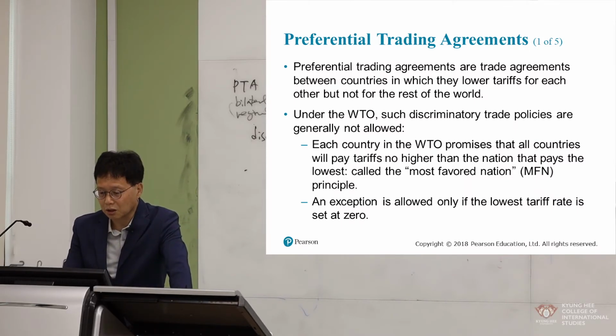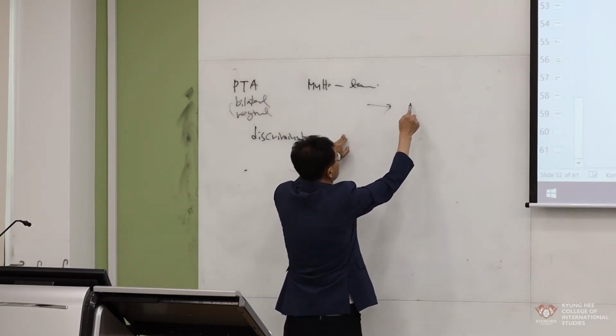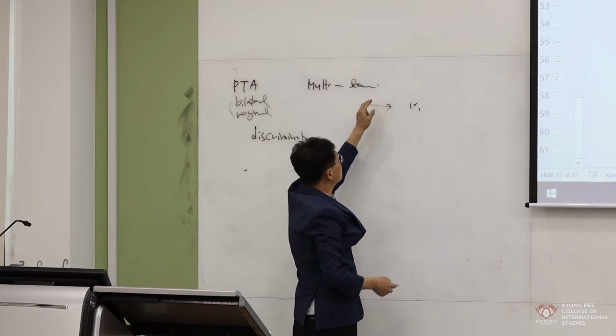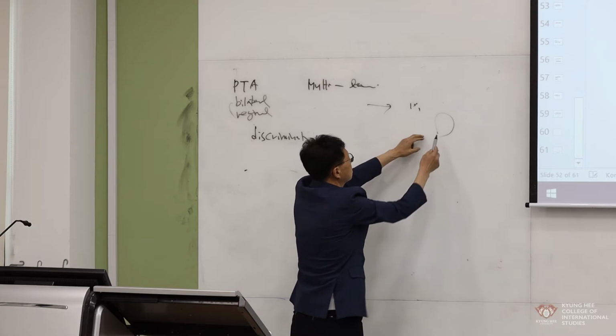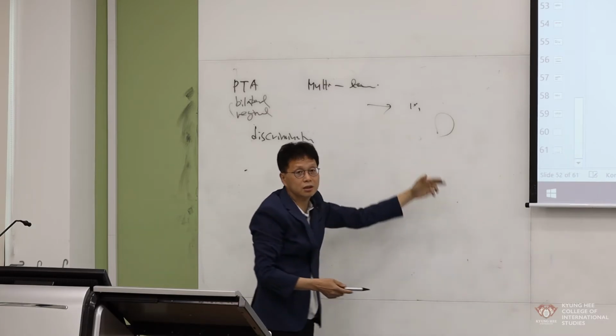Under the WTO, such discriminatory trade policies are generally not allowed. Each country in the WTO promises that all countries will pay tariffs no higher than the nation that pays the lowest. We call that the most favored nation, MFN principle, right? So if member countries impose 1% tariff on imports from Korea, the other countries also export under the system of 1% tariff.